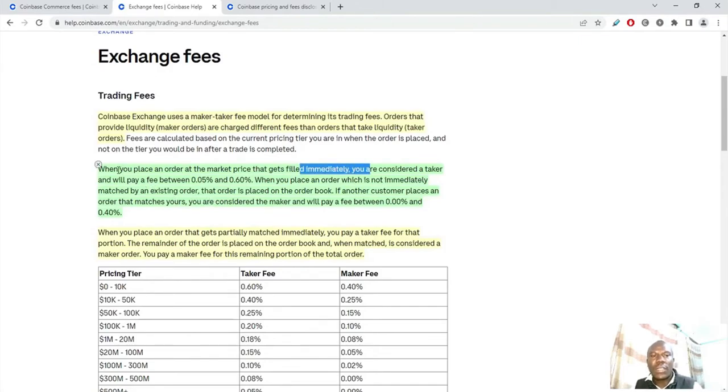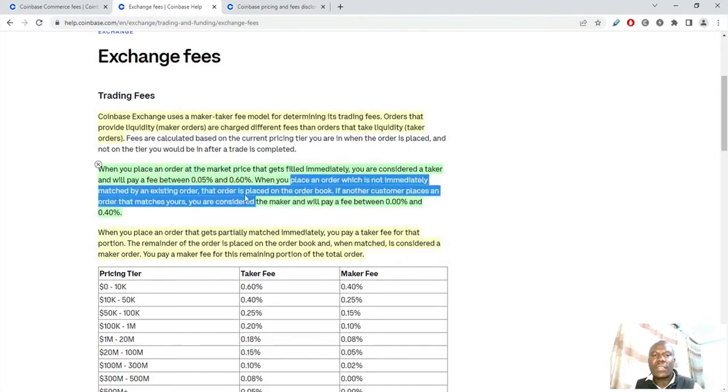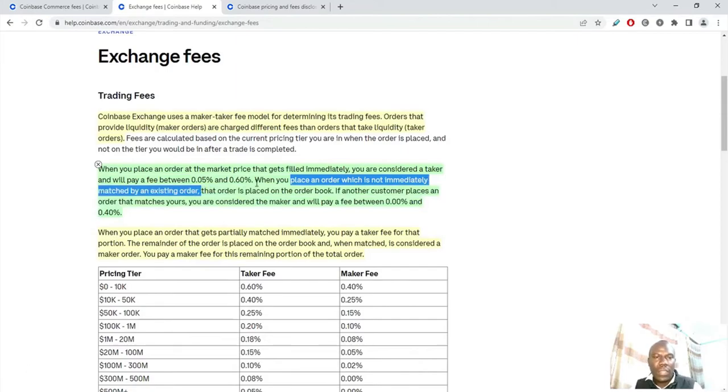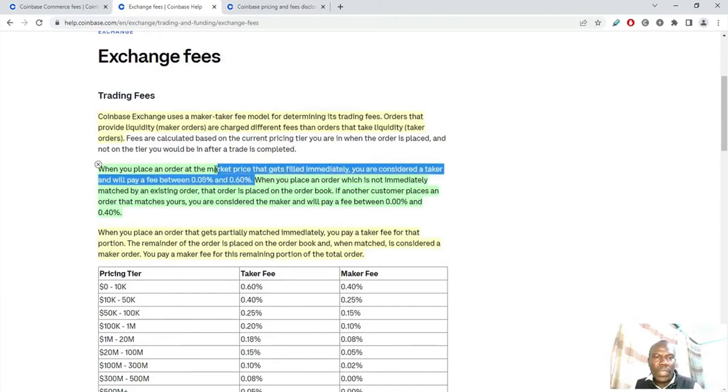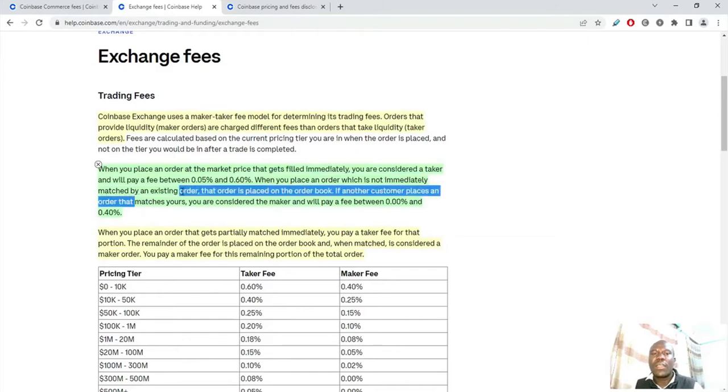Here it says that when you place an order at the market price that gets filled immediately, you are considered a taker and will pay a fee between 0.05% and 0.60%. When you place an order which is not immediately matched by an existing order, that order is placed on the order book.